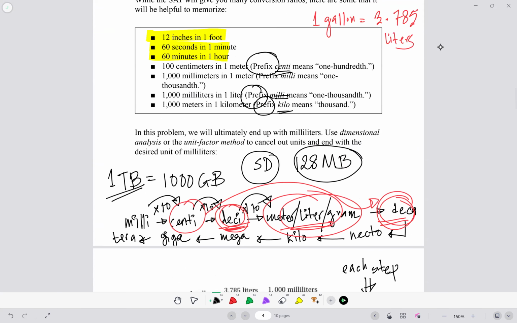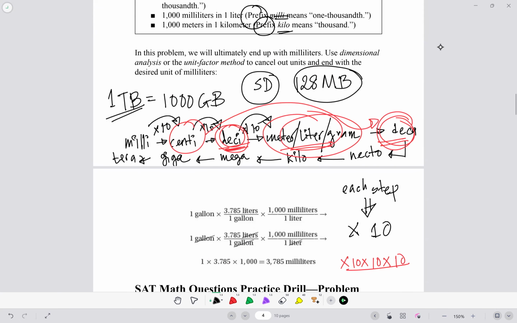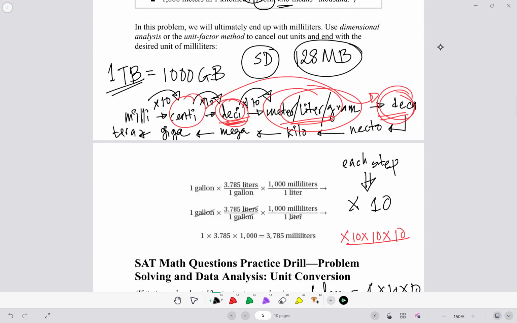But if we want to convert it from the upper one to the lower one, we are just going in this direction.